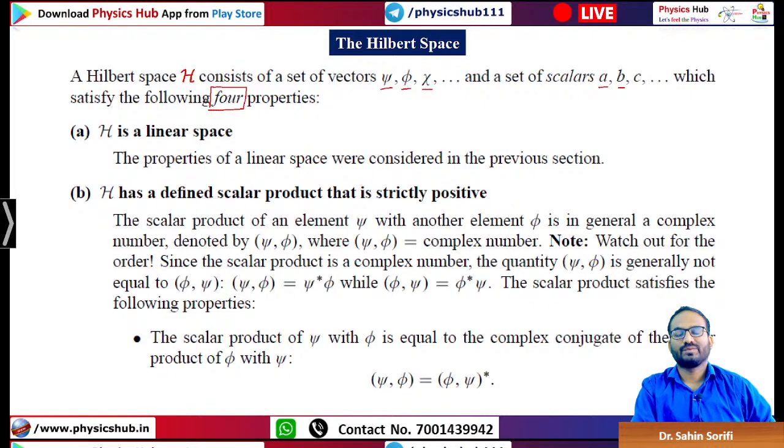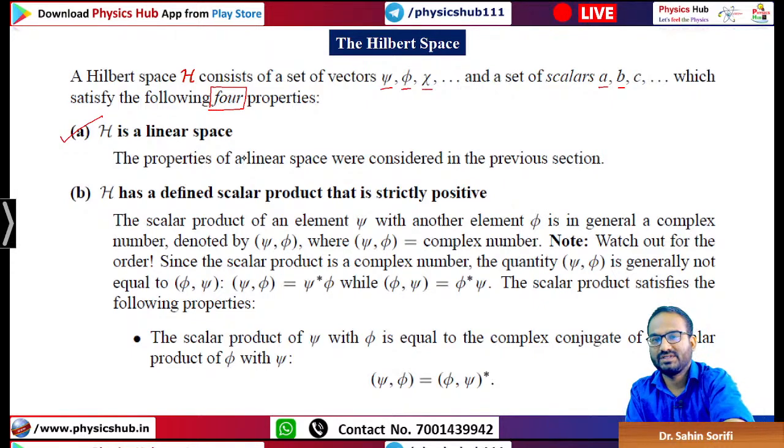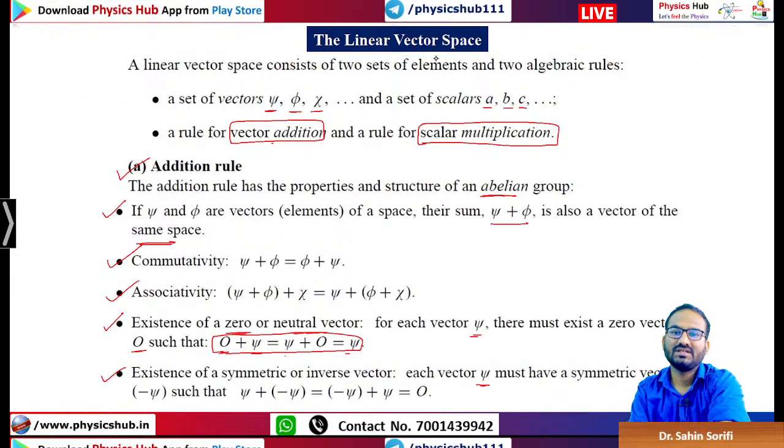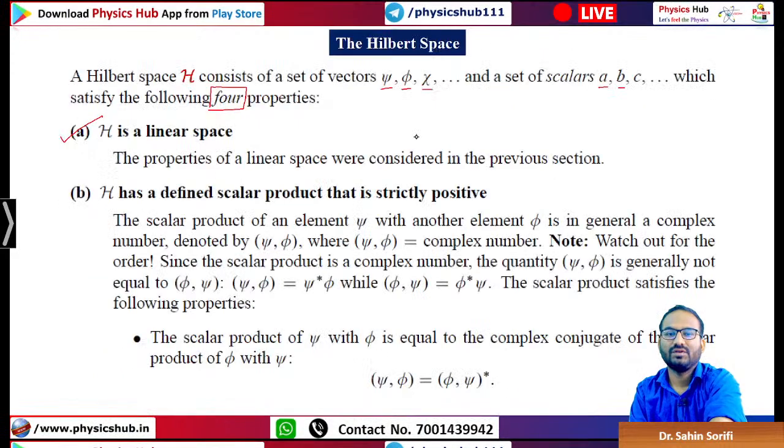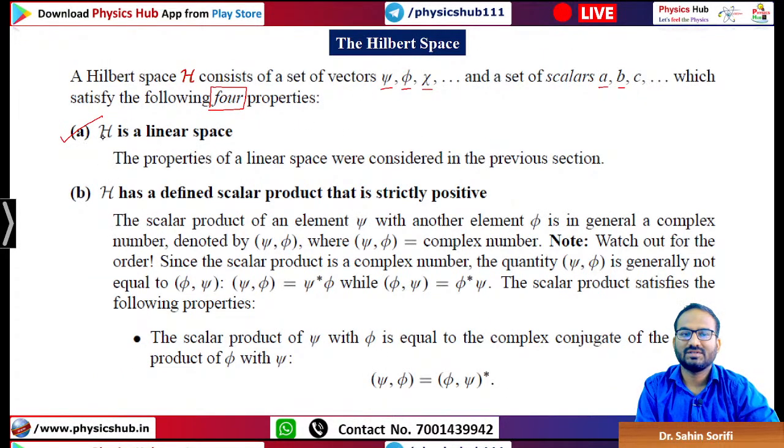Out of these four properties, the first property, H is a linear space, means whatever properties we have discussed in the linear vector space will also be there in the Hilbert space. This is the first one, that H, the Hilbert space, is a linear vector space.